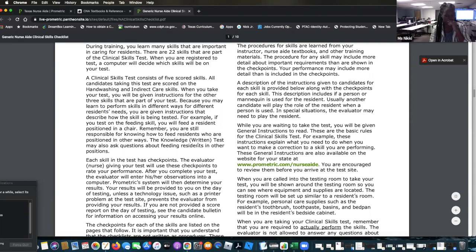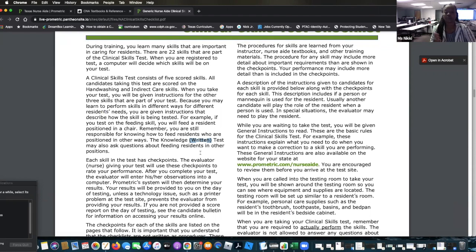Okay, the knowledge test, which is also called the written test. I love the knowledge test. It may also ask you questions about feeding residents in other positions. So in class, you'll learn about the supine. Supine means laying on your spine, flat. Do you lay them in the prone position, which is laying on their face? Absolutely not.